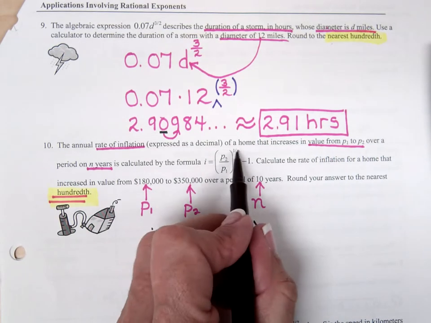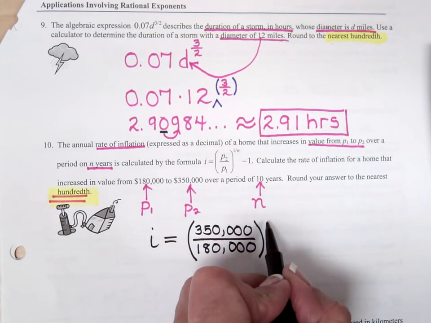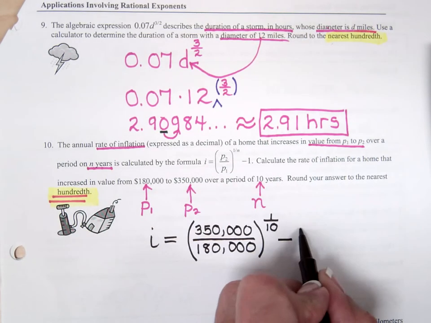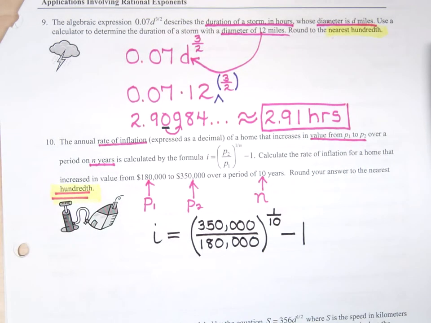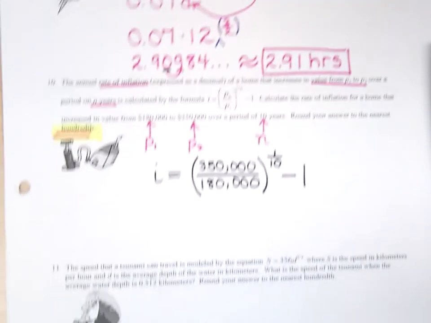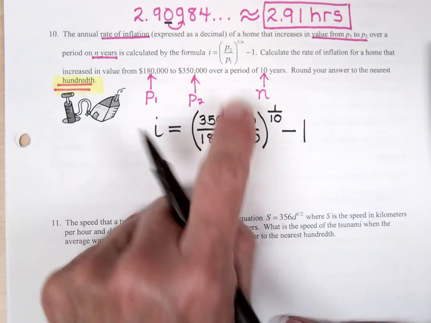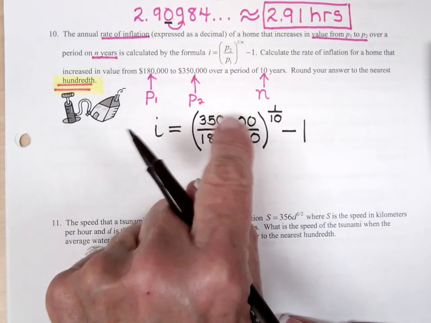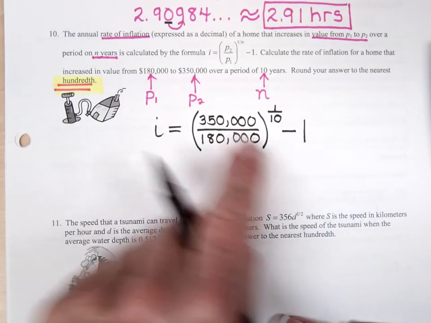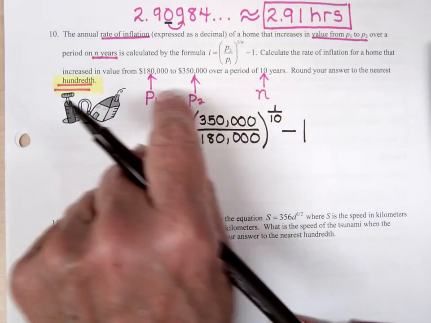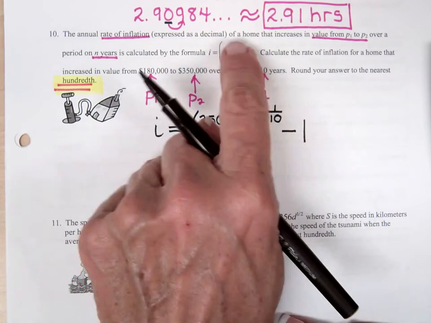N we said is 10, so we'd say 1 over 10, and then minus 1. So let me scoot this up a little bit so we're more centered. So P sub 2 was 350, P sub 1, 180. I put it in parentheses just like the problem. The n was 10, so I went 1 over 10, and then we have the subtract 1.